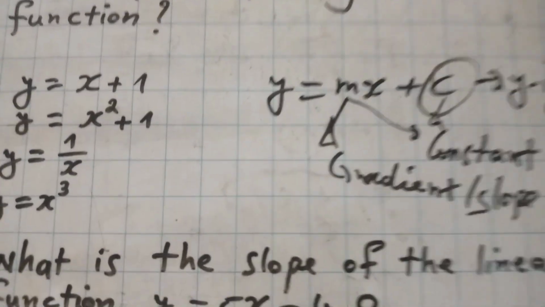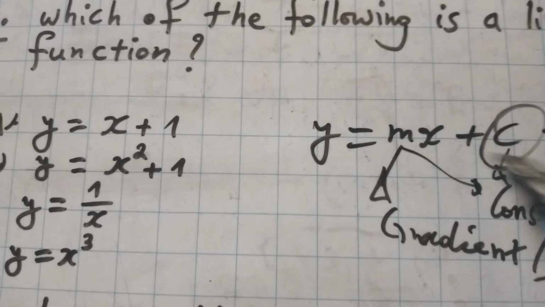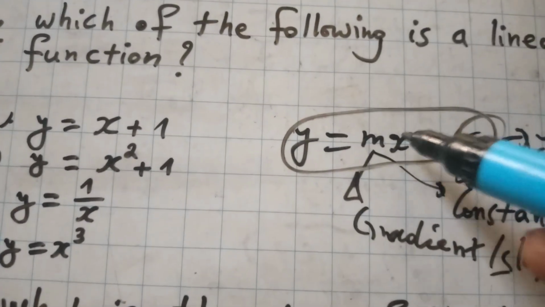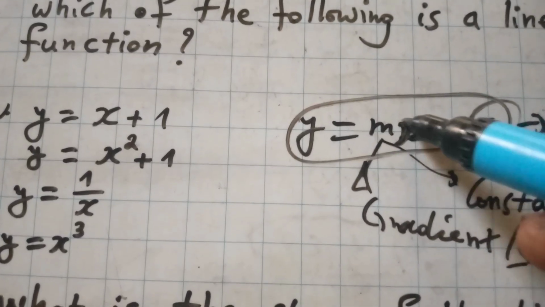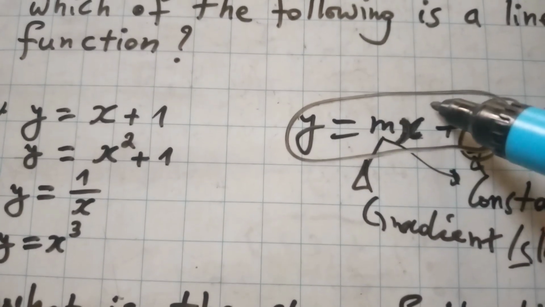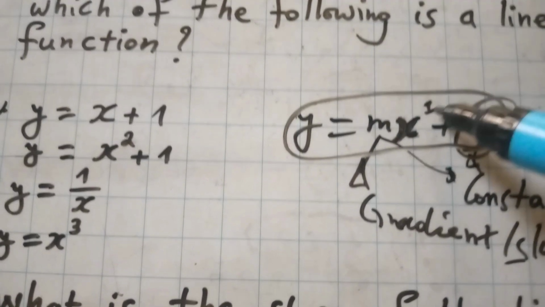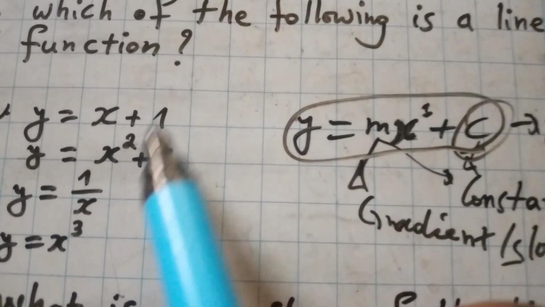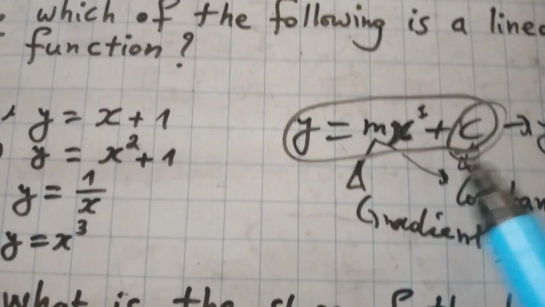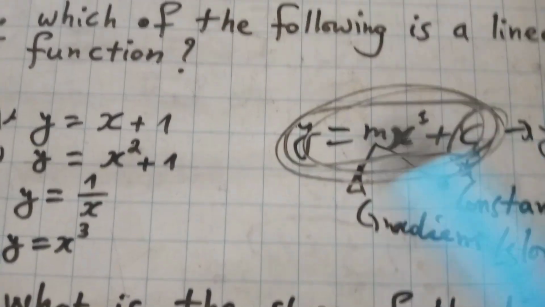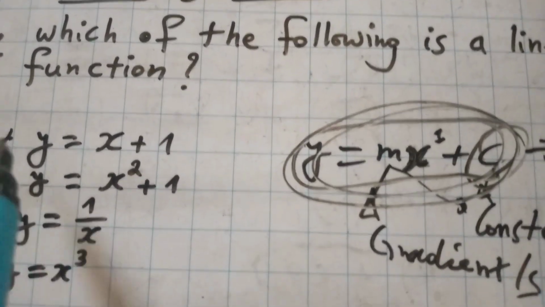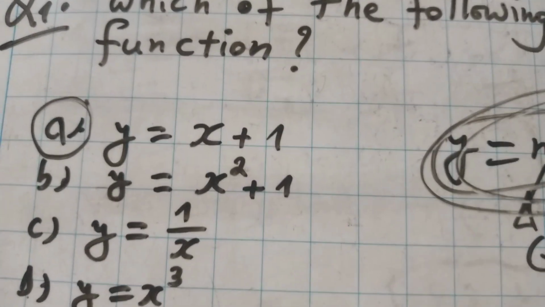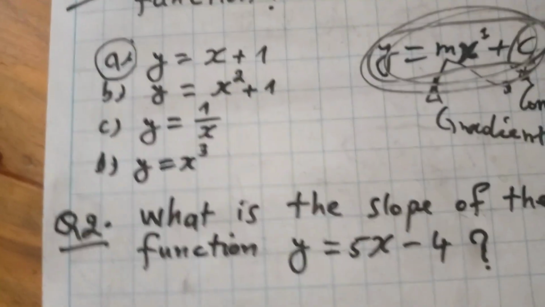Now from this equation, you see that x has the power of 1, degree 1. So you have to check for the equation of degree 1, which is in this form. So option A is the best answer.